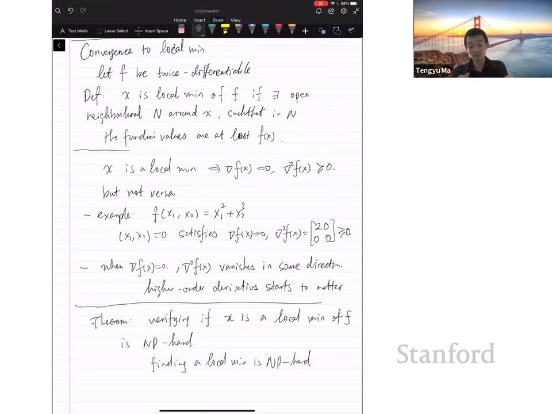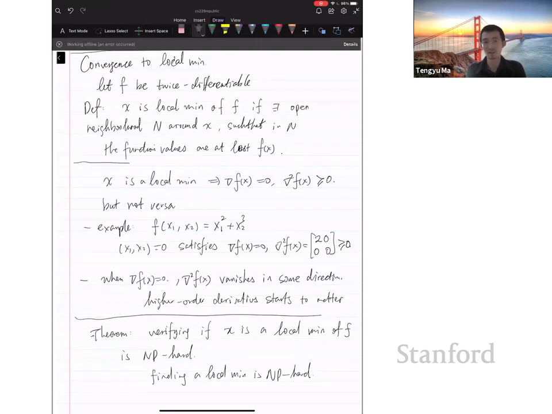I've told you that finding a global minimum is NP hard, but actually finding a local minimum is also NP hard. And this is the caveat I was referring to, because in most cases, if you talk to me about research in a meeting, we'll think of finding a local minimum as easy, right? In general that's the right intuition, but it's not exactly true, so you have to consider these pathological cases, which make things harder.